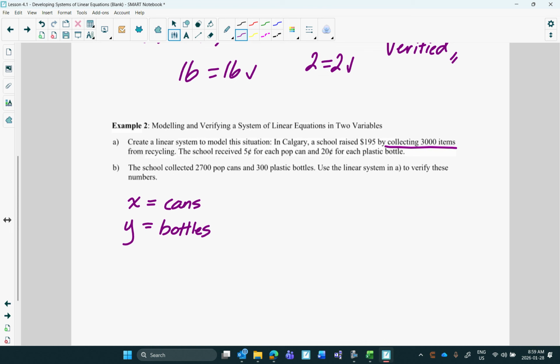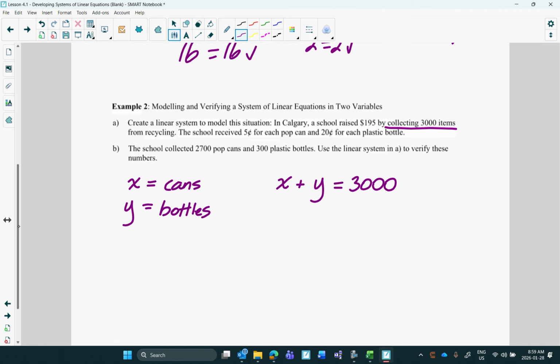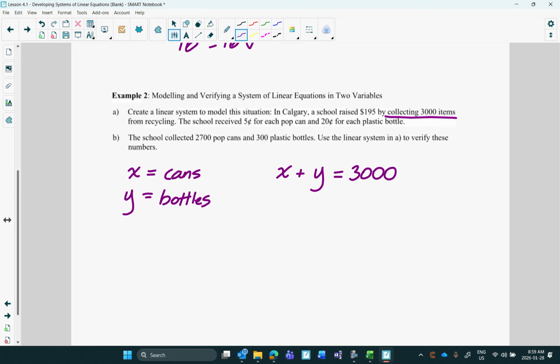X plus Y equals 3,000. The next one's a little bit more challenging. We get 5 cents for each pop can. We get 20 cents for each bottle. And when I add up those amounts, I get $195.